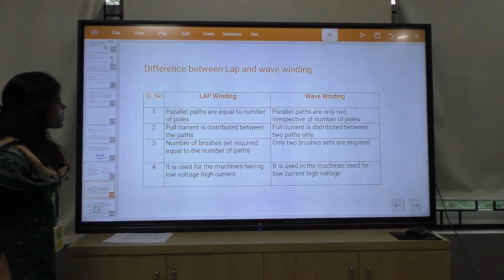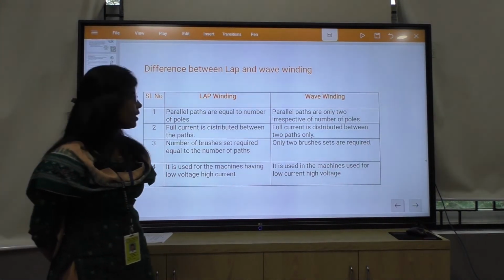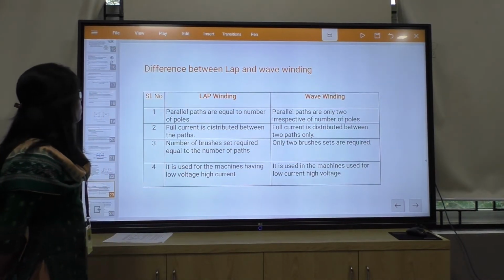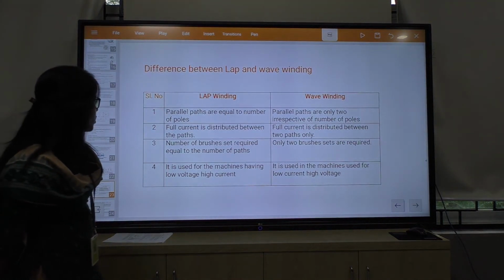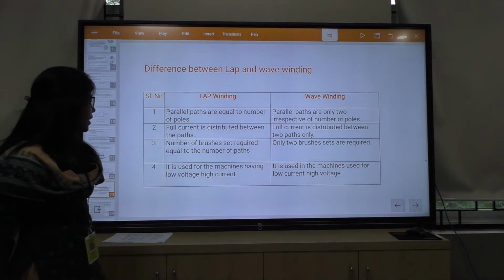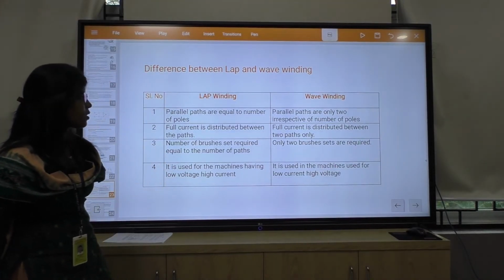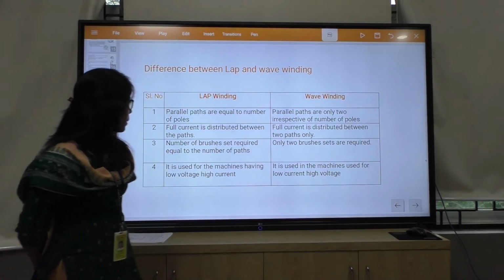The number of brushes in lap winding is equal to the number of poles, but in wave winding the number of brushes is equal to 2. Lap winding is used for machines where low voltage and high current ratings are required, but wave winding is used for low current and high voltage ratings.